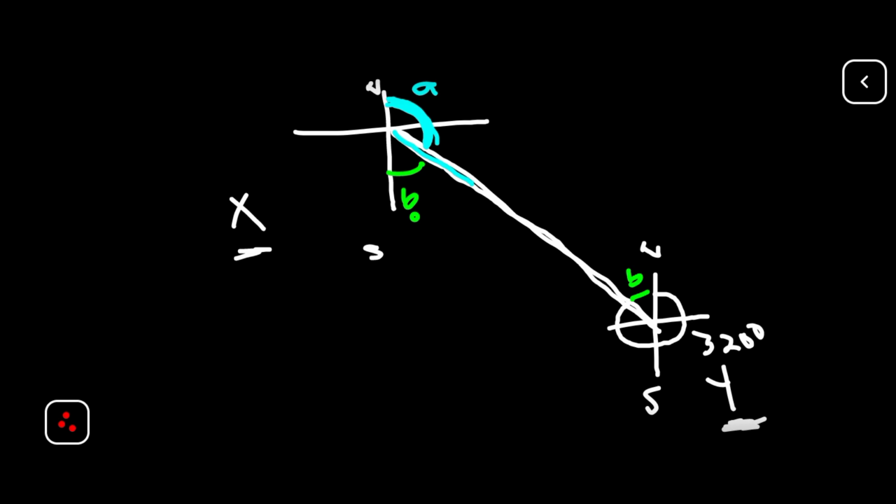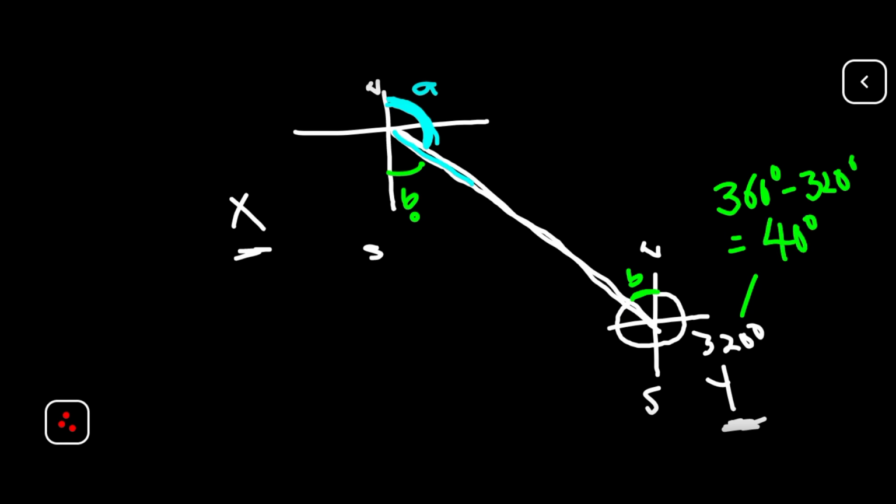Let's also call this one B, because this is alternate to this. And to know B here on this side, we need to say 360 degrees minus 320 degrees. And the reason is because to complete the whole 360, there's a small angle B you have to add to 320 to give you the whole 360. But to get B, you need to say 320 subtracted from 360 to get that small angle B. And that is exactly what we're doing, and this is 40 degrees here.